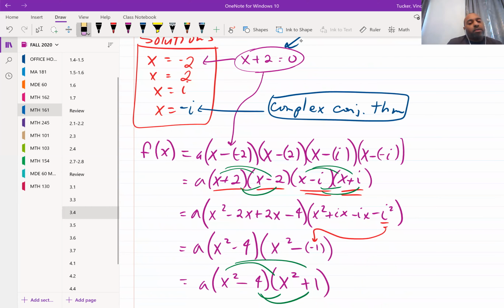So foiling that out gives us x squared minus 2x plus 2x minus 4. And x squared plus ix minus ix minus i squared.